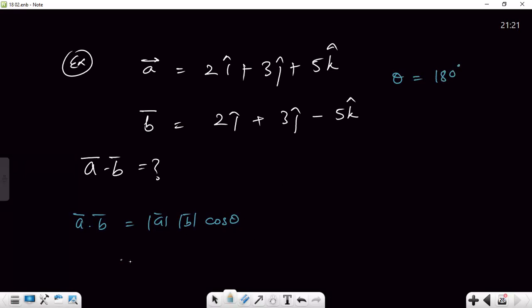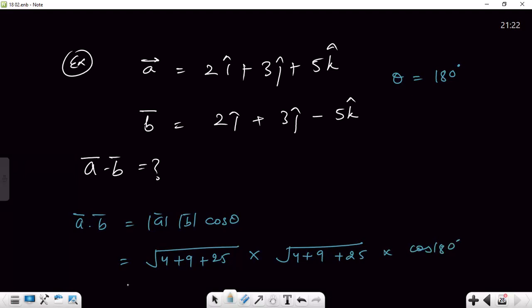The magnitude of A vector is the square root of 2 square, that is 4, plus 3 square, that is 9, plus 5 square, that is 25, times the B vector magnitude, which is the square root of 4 plus 9 plus minus 5 whole square, that is also 25, times cosine of 180 degrees.